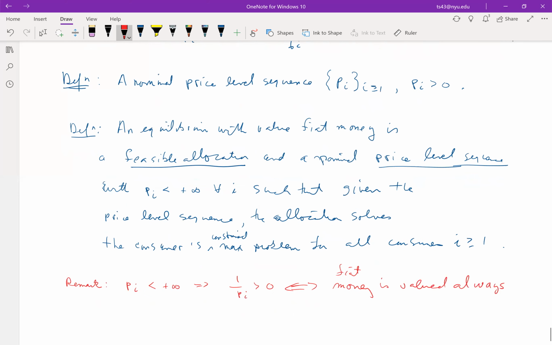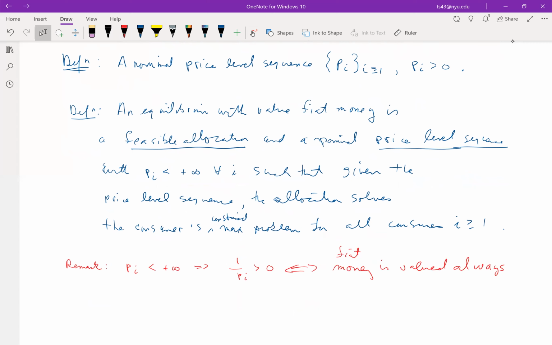So a remark: if 1 over PI is greater than 0 always, we call it a monetary equilibrium.